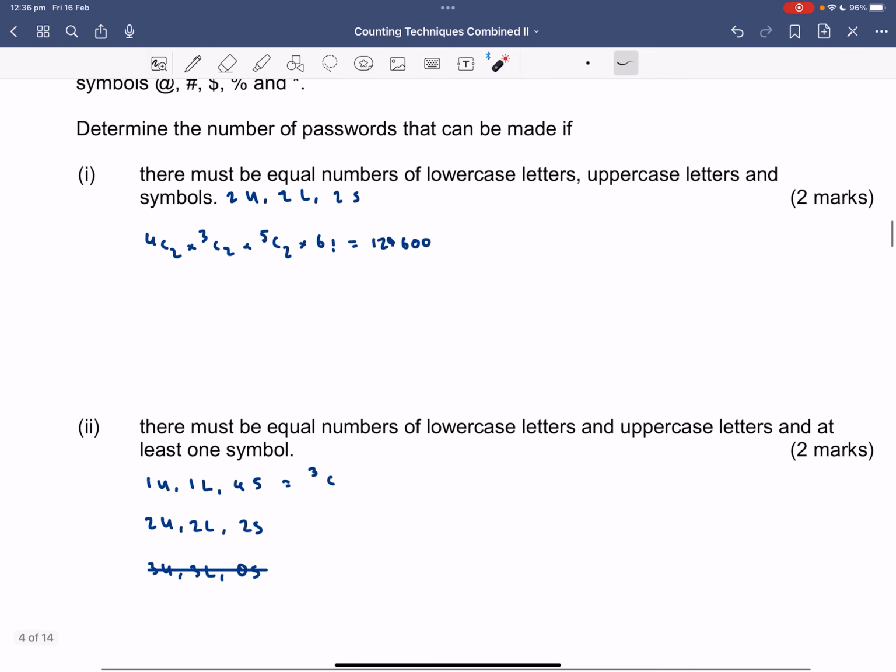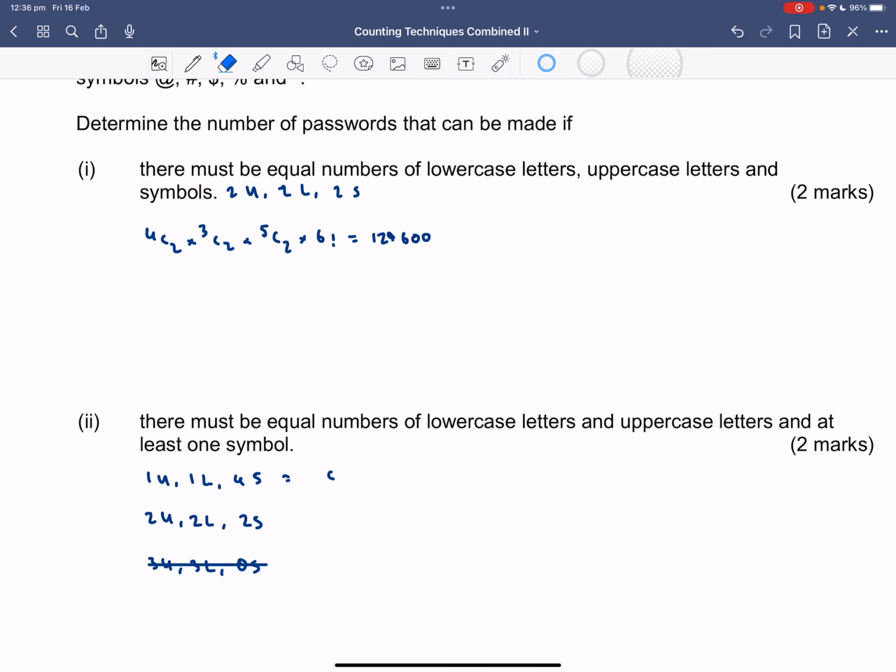So over here, first of all, from the 4 uppercase letters, choose 1 of them. From the 3 lowercase letters, choose 1 of them. And from the 5 symbols, choose 4 of them. Once I've done that, there's obviously 6 factorial ways of arranging it.